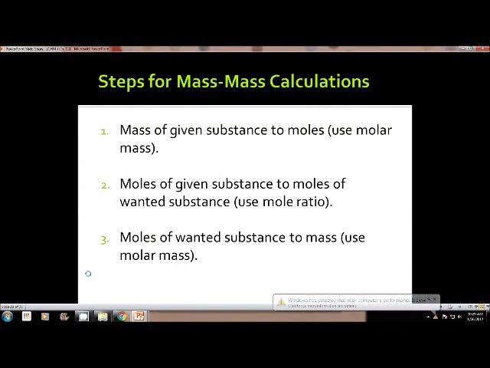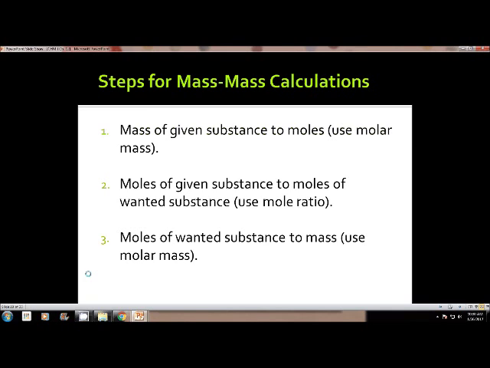So these are the steps that we go through. I'll have you fill in the stuff right now, and then we'll look at the mole map and write some stuff in. Step one, the pre-step, is you put the number you're given over 1, just like always. Then the next step, you go from the mass circle to the mole circle, so you're using the molar mass to get there.